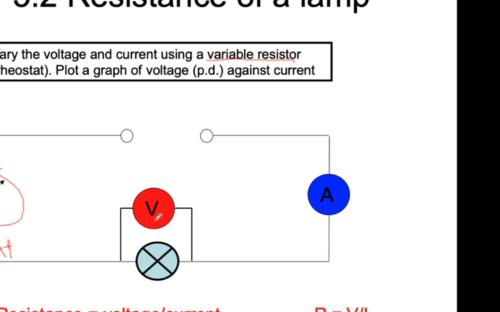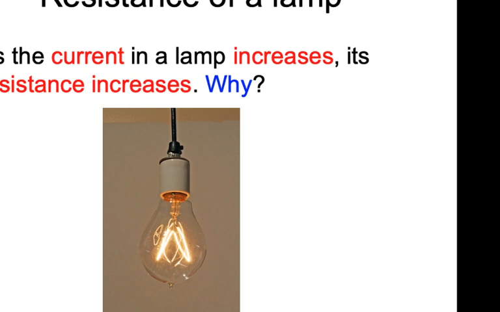Okay, so as the current in the lamp increases, its resistance increases. Let's think about that for a second, right? If we look at the formula, here's the one that we've been working with. Resistance is equal to voltage divided by current.